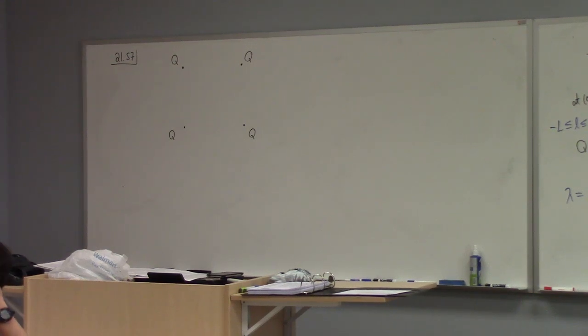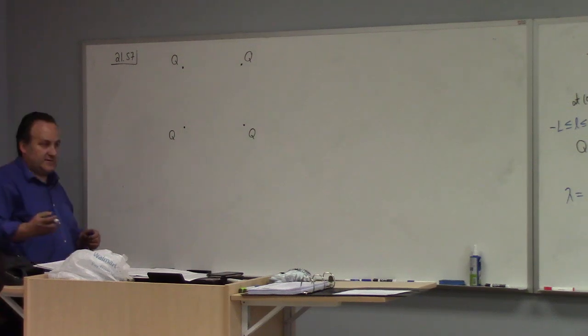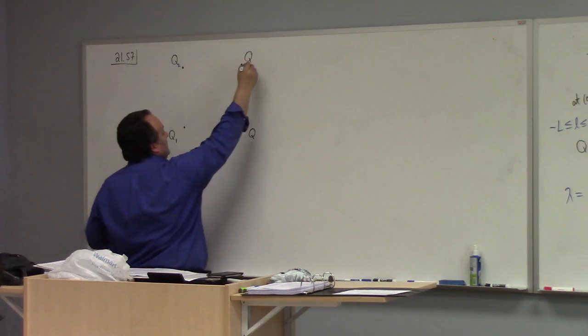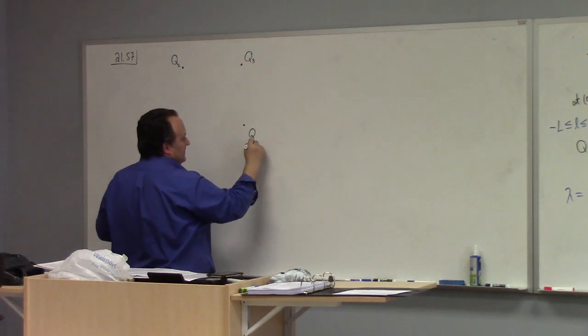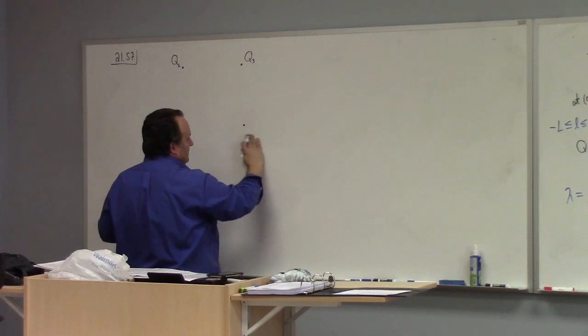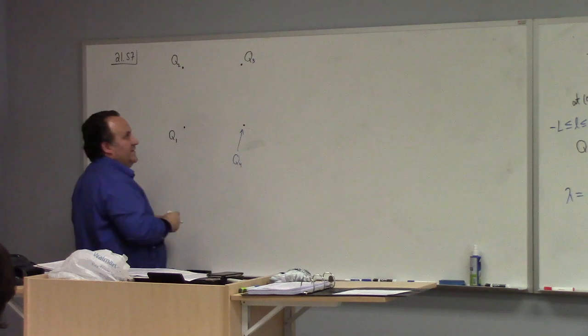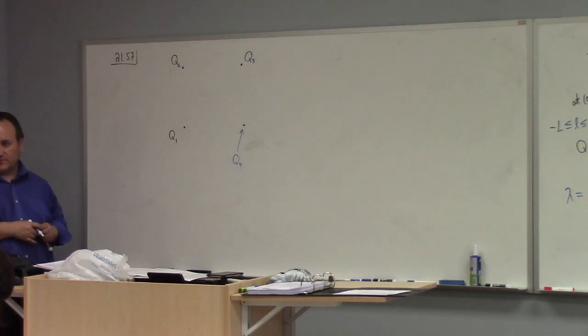For the purpose of my artistry, let us pick the lower right one. All right? And let's enumerate these things so that we don't go nuts. 1, 2, 3. And so we're going to find on Q4 here the electric force due to the other three.